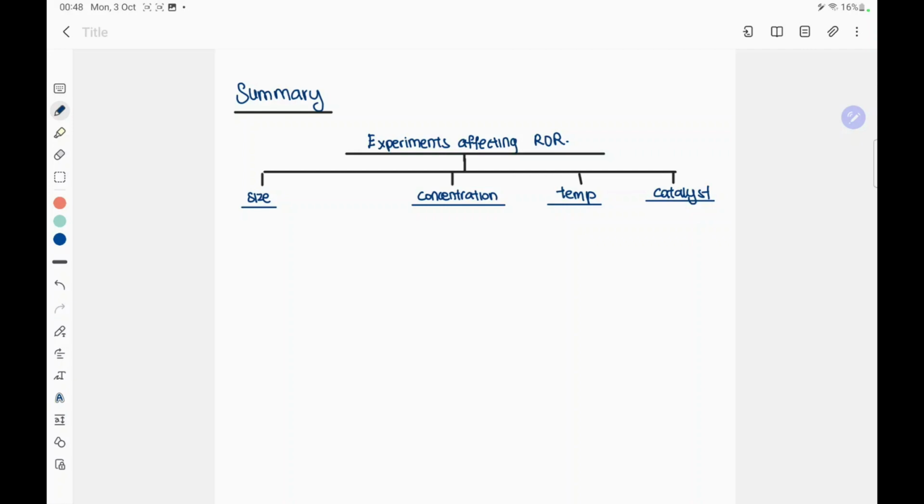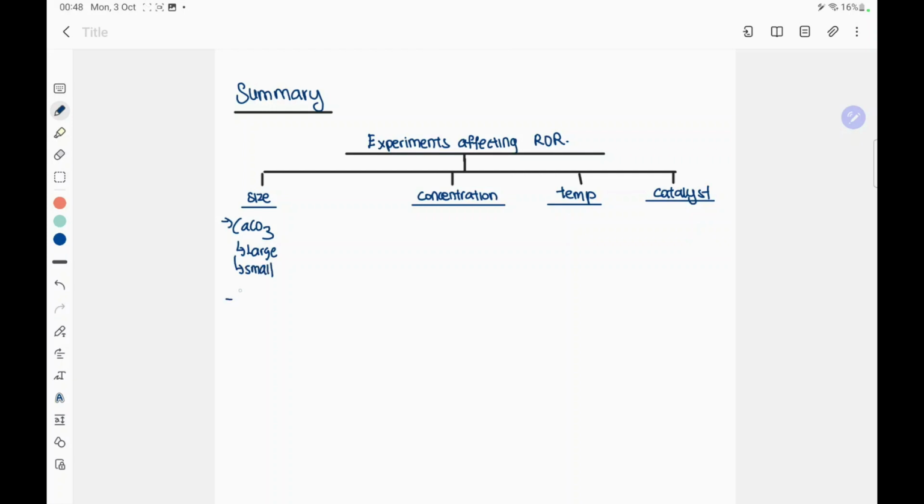What have we learned in this video? We learned about the experiments. So the first factor that we learned about the experiment is the size. That time we are using CaCO3, calcium carbonate, and we use 2 different sizes. We use the large and the small marble chips.